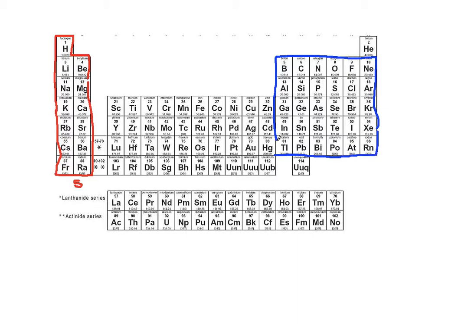Okay, so that's P. The helium is actually part of S, so I'll include it so it doesn't feel all alone. And then the transition metals are actually going to be the D block. So in green, we've got D.